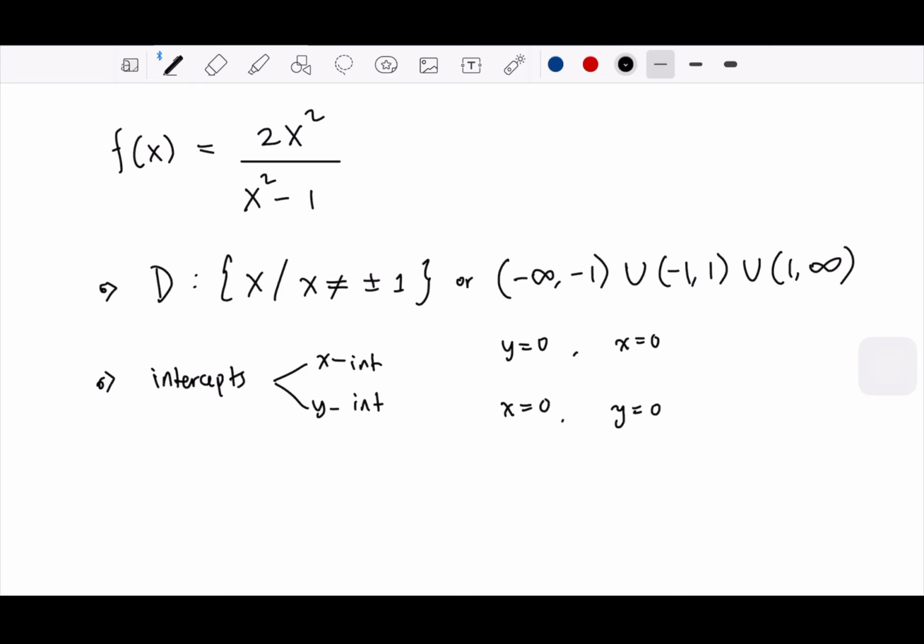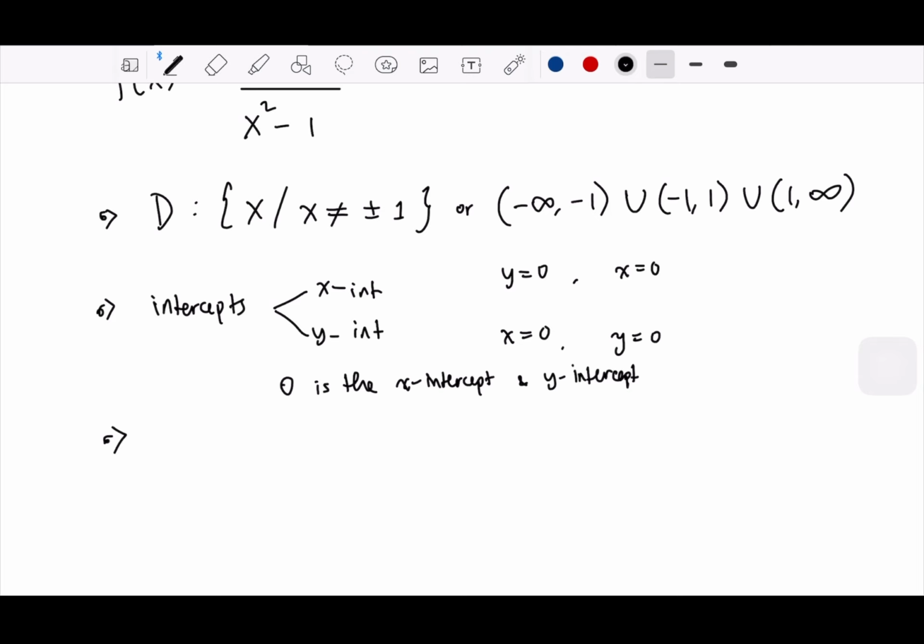When x is 0, the other part is also 0. So the only point that has an intercept is the point 0. So 0 is the x intercept and the y intercept. We can also check symmetry if you want.